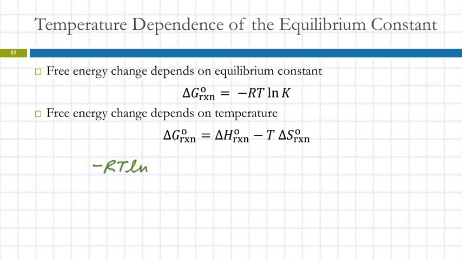So negative RT natural log of K is equal to delta H minus T delta S. So I could divide both sides by negative RT.